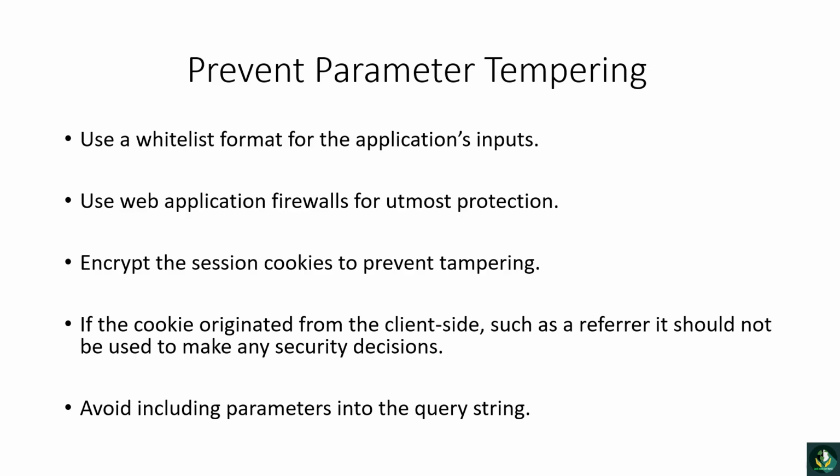If the cookie originated from the client side, such as the referrer, it should not be used to make any security decisions. And also avoid including parameters in the query string so that tampering can be prevented.